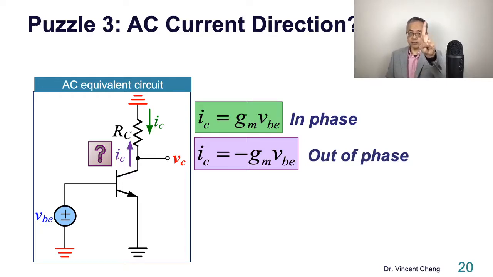The purple current is out of phase with the input AC voltage. Sir, what do we mean by out of phase? Let me say this plainly. Out of phase means the valley corresponds to the peak, and the peak corresponds to the valley.